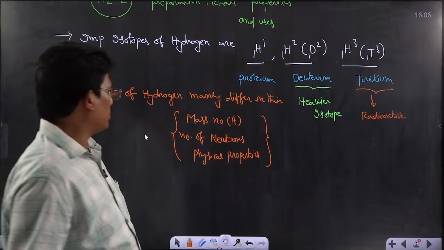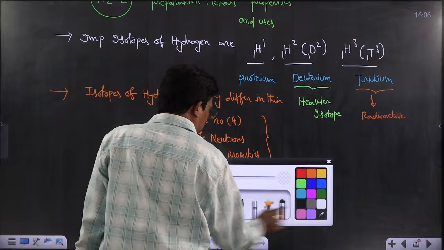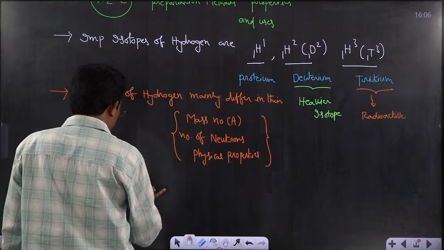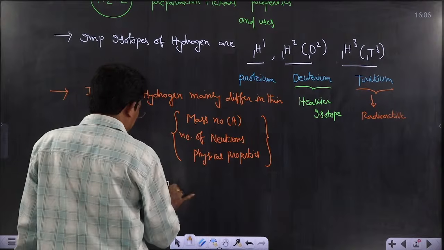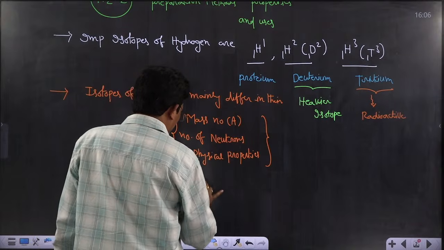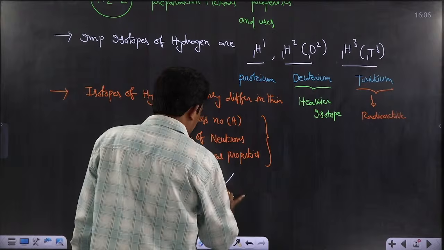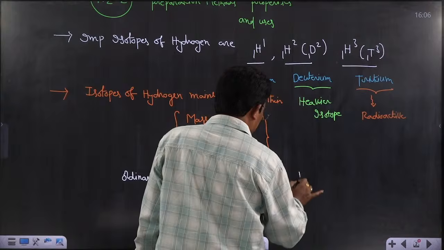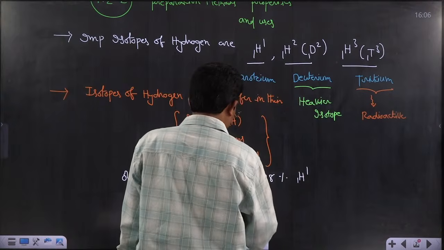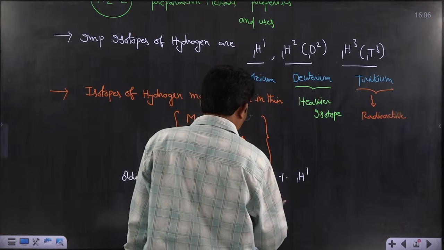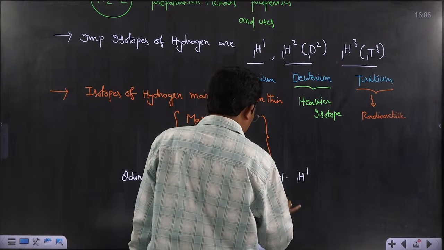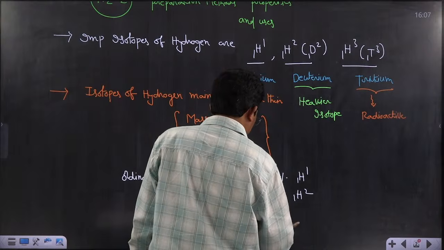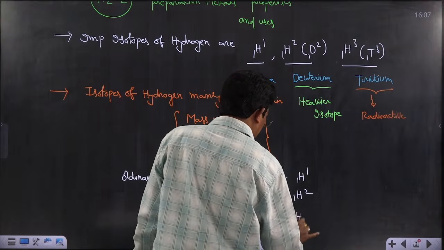If you observe the percentages present in ordinary hydrogen, it contains around 99.98% protium H11, 0.005% deuterium, and around 10 power minus 16% tritium, very less.